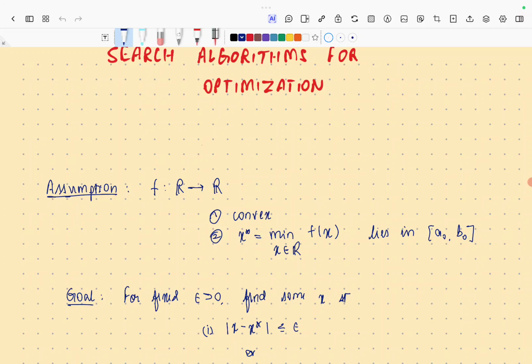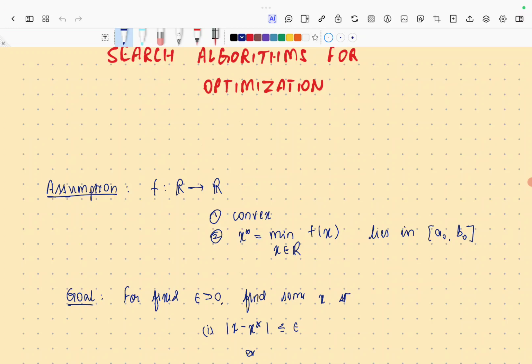But given a set of constraints or given a particular function, how do we actually determine the minimum? How do we search for the minimum of that particular function subject to the constraints? That's the goal, right? The goal is to design efficient algorithms that will allow us to search for the minimum or at least some point close to the minimum.